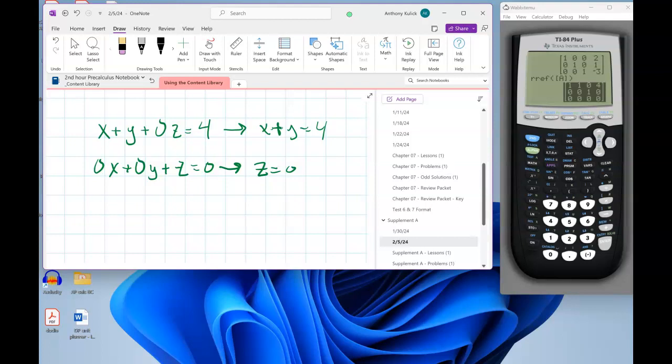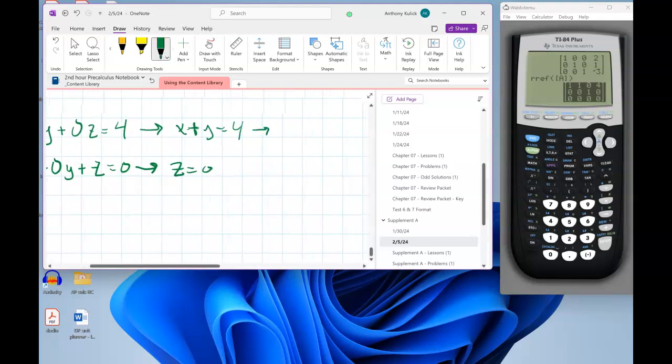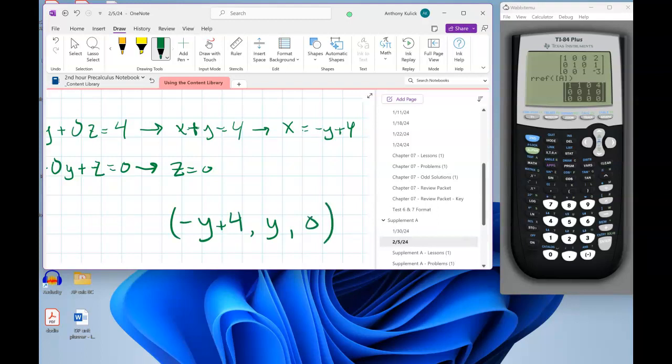Everybody's okay? If I take that first equation and subtract y from both sides, and put it together the exact same way I did before, look, it's the exact same general solution I'm able to come up with.